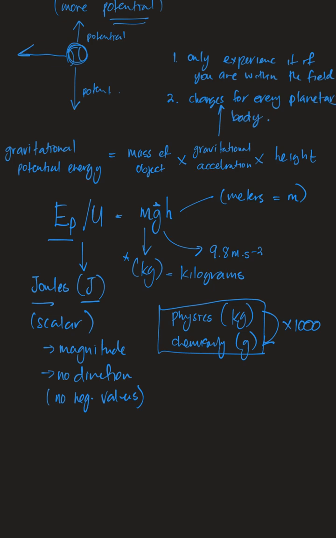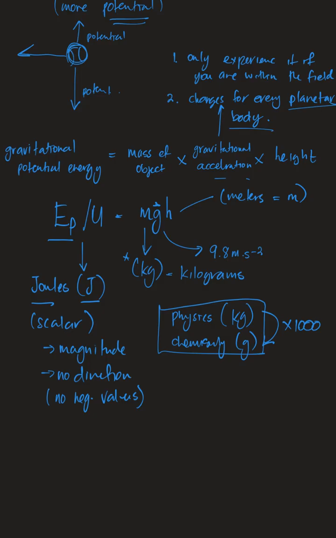That means the gravitational acceleration on Mars, on Jupiter, on Earth, on the Moon, every single planetary body has its own G value, which you could be asked to work out.